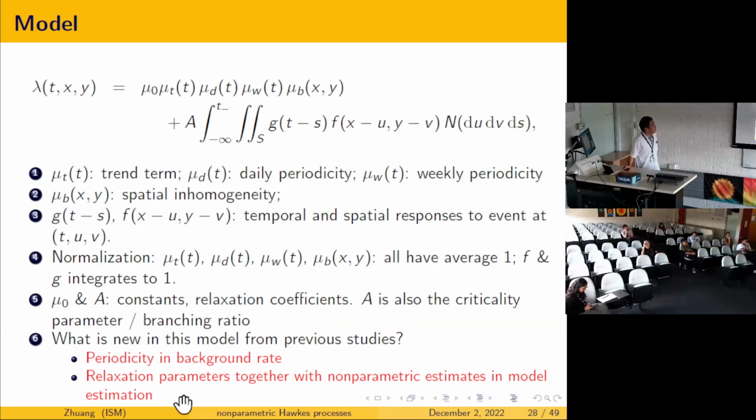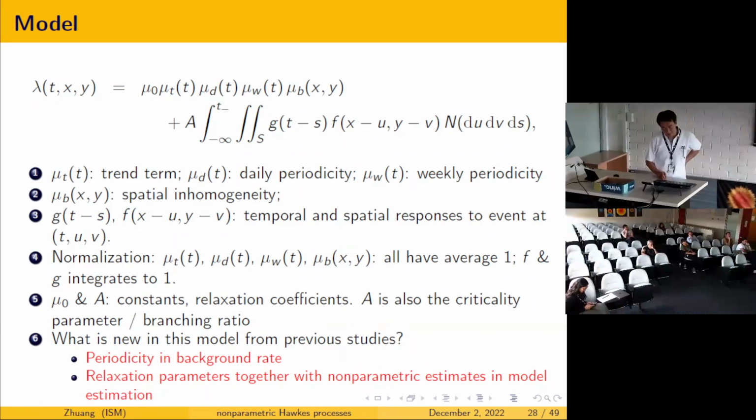So what's new in this model? One is periodicity, another is the introduction of the relaxation parameters.